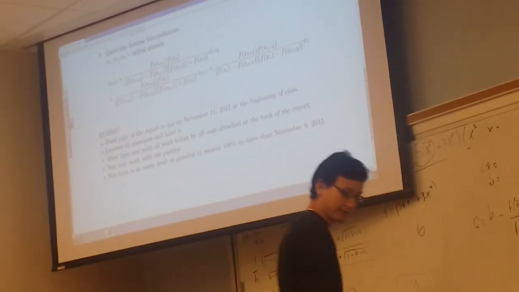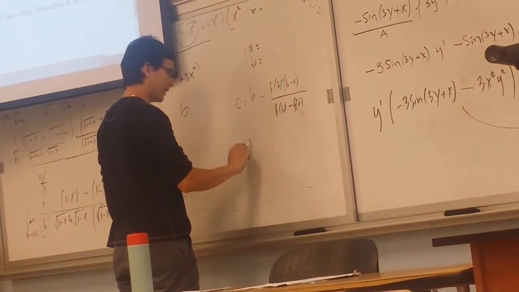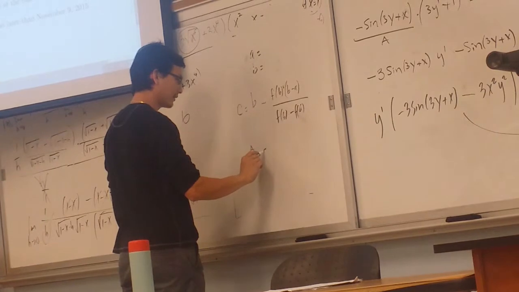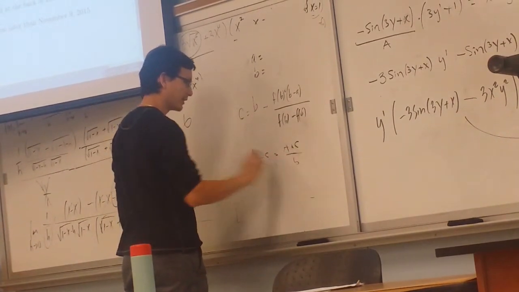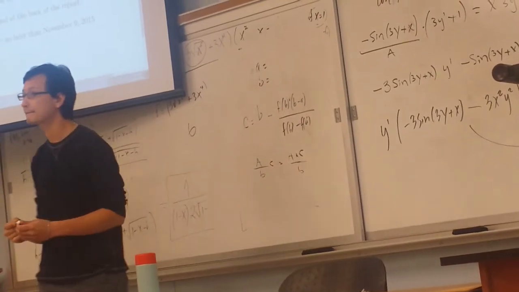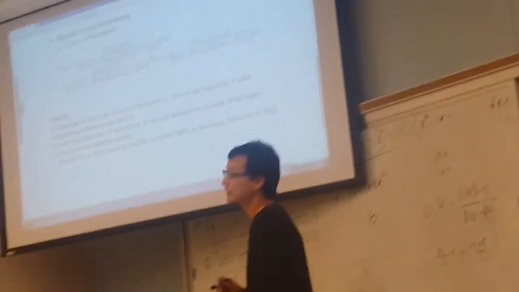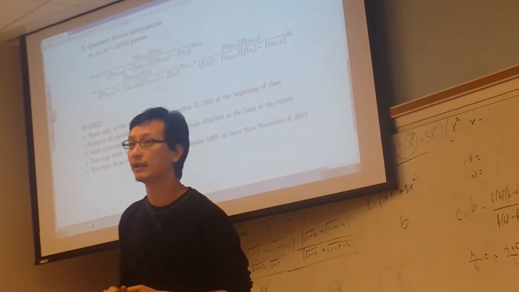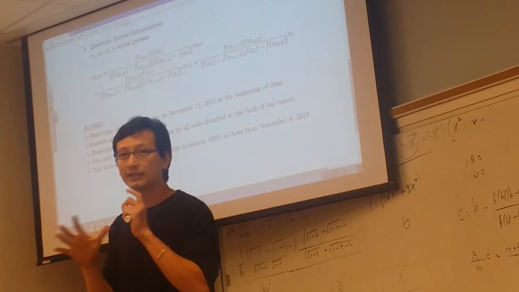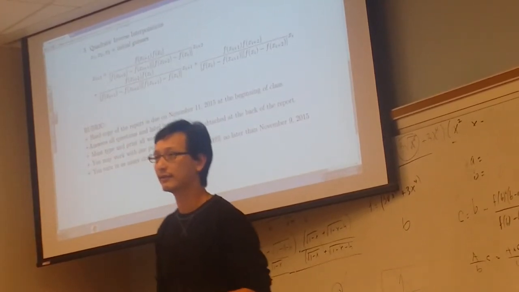It's the same thing: A over B, times C, is A times C over B. Not a power, no crazy power. That's the nice thing about this function: it's just function evaluation, adding, subtracting, multiplying. That's it. Is that okay?